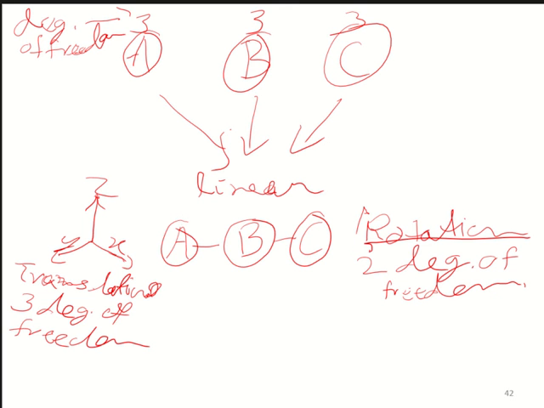In other words, the kinetic energy is going to be distributed in 9 different ways. 3 for translational, 2 for rotational, and all the rest are vibrational degrees of freedom.